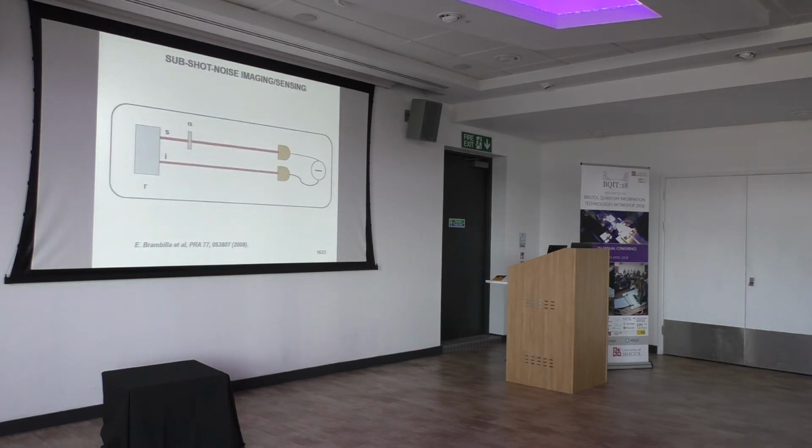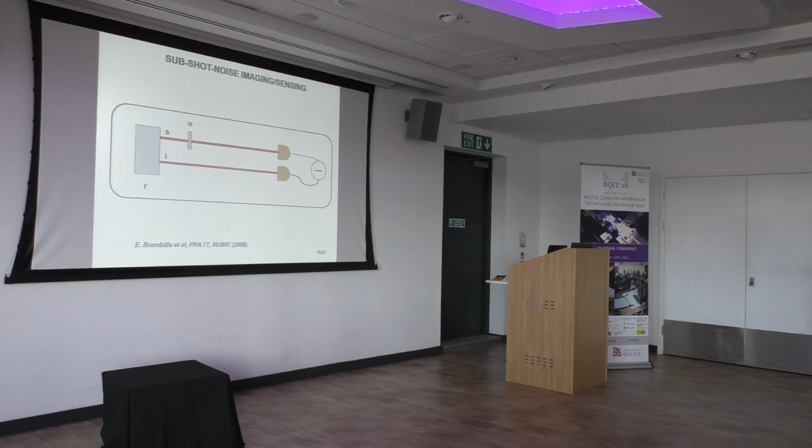And now I change gears during the last 3 minutes, maybe 4 minutes. I want to explain what we have also for the future. Our planned project is how this parametric amplification that makes things tolerant to loss, that protects fragile quantum information against loss, can be used for imaging and sensing.